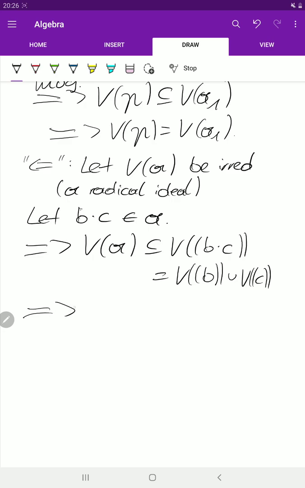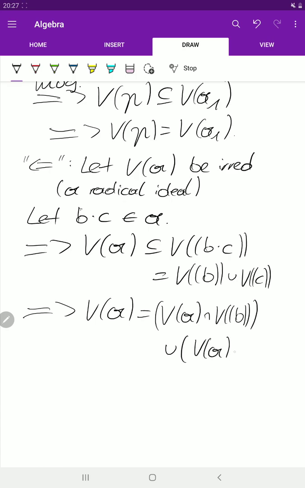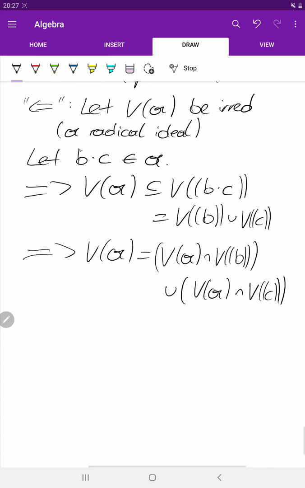Okay, and from here we get that V of A is equal to V of A intersection V of B union with V of A intersection V of C. And okay, so that's that.